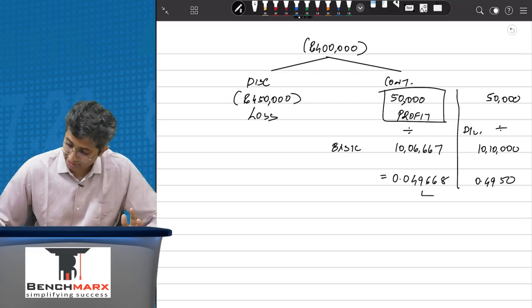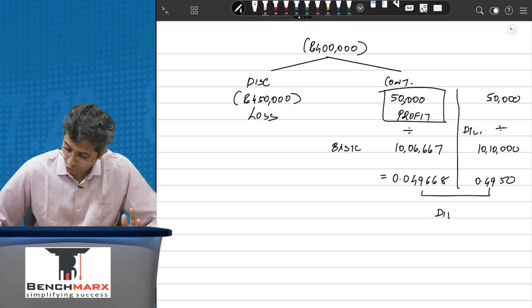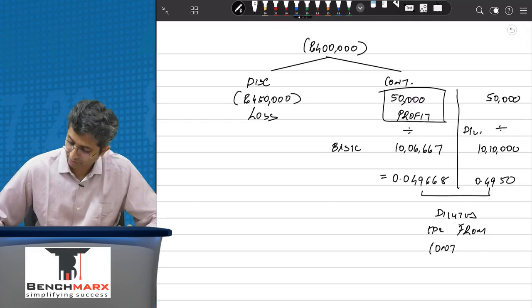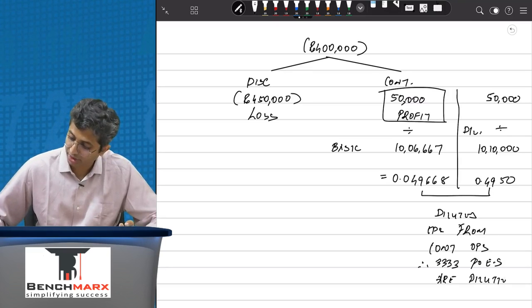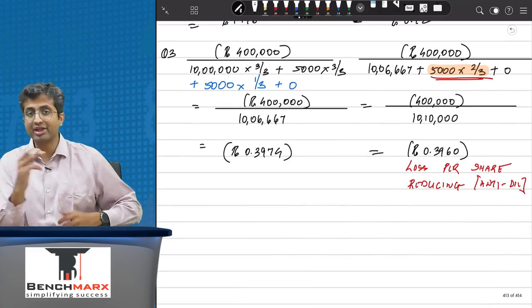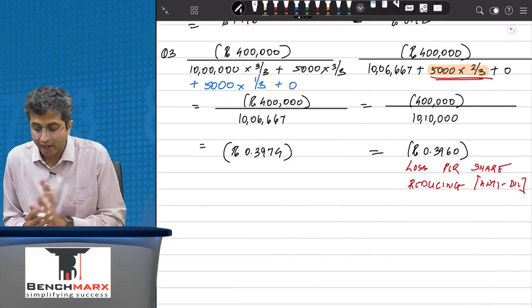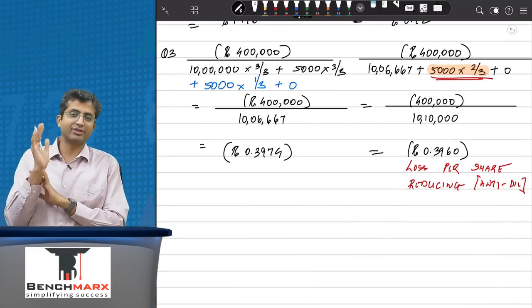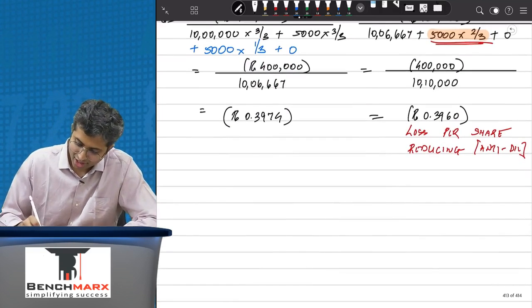So basically this reduces or it dilutes EPS from continuing operations, and hence therefore the 3,333 potential equity shares are dilutive in nature, and hence they should be included in this calculation for total as well as basic, and hence here we have included them. This is just for your understanding.